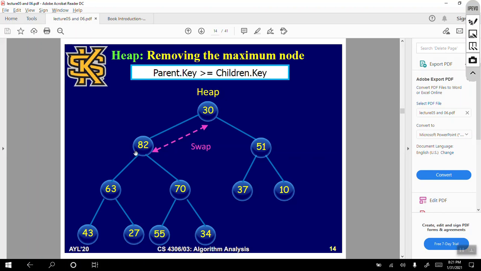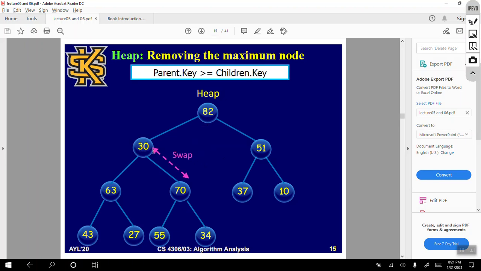Since we know that this left element will be greater than or equal to the right element, 82 comes here and it is okay for this part, but 30 again comes down here, right?